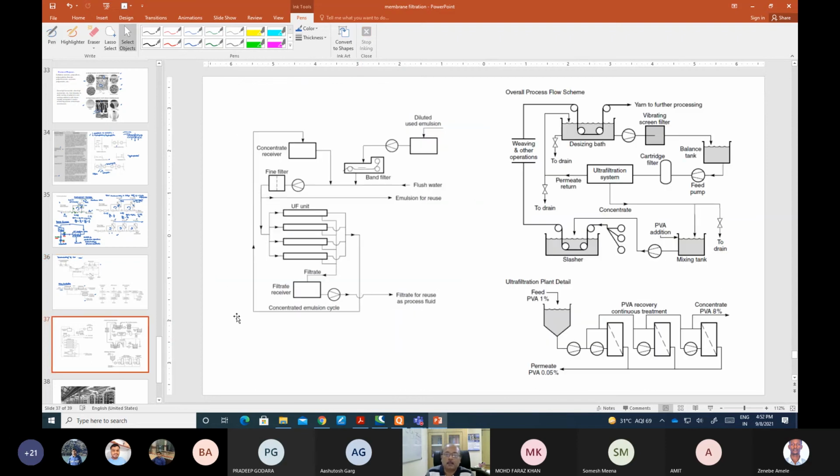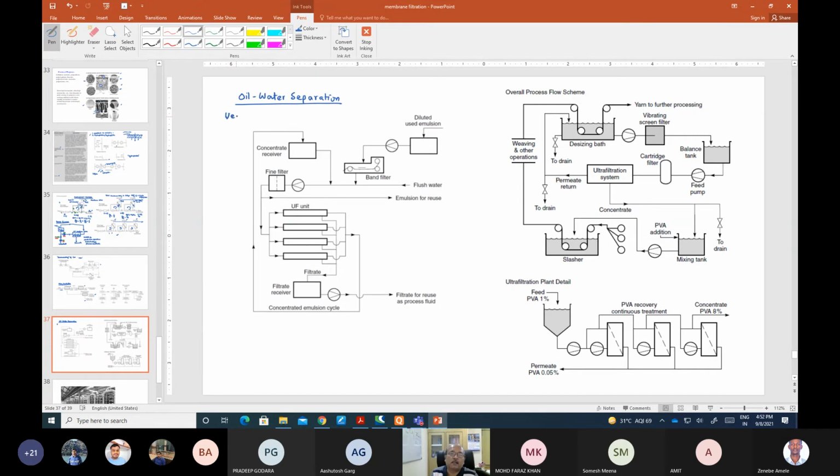Okay, and then let me talk about an oil water separation unit. So here we use the emulsified. So this is an oil water separation unit. In many processes such as steel mills or rolling mills, where you make the thin sheets of steel for the car body and other stuff, there we use a lot of oil.